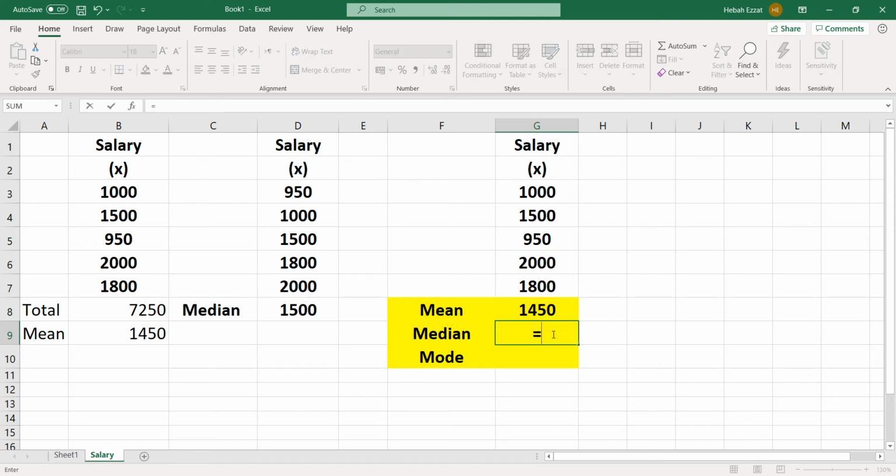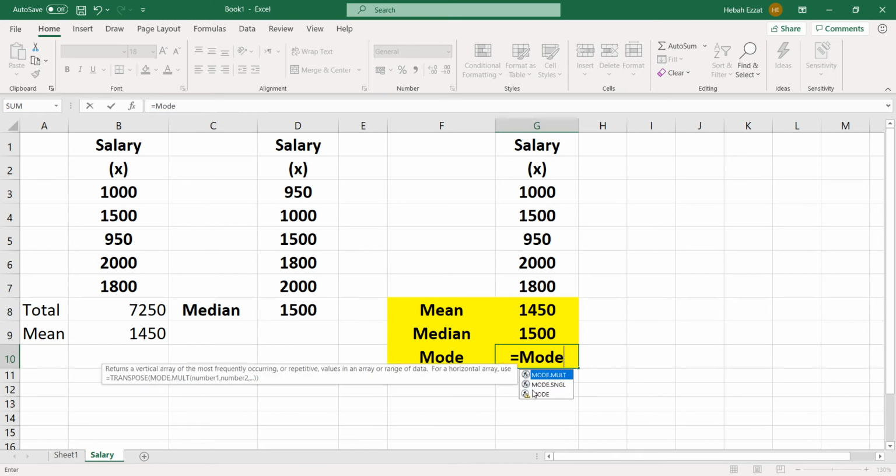For finding the median, I don't have to sort the data and find the middle point and so on. I just write equal median, and it appears here, and I select my data set again and click enter. I find the results resemble my earlier results. It's very easy using the functions inside Excel.